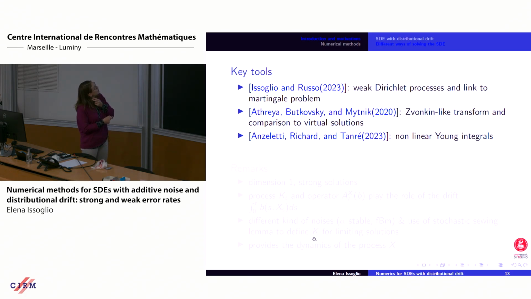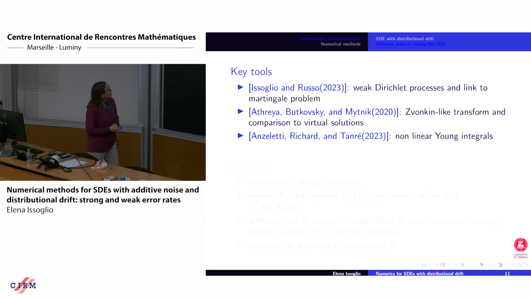Athreya, Butkovsky, and Mytnik used it together with a Zvonkin-like transformation, and also compared it to virtual solutions, which is the third type that I will describe later. And instead, Anzeletti, Richard, and Tarrès used nonlinear Young integrals to define this K operator.